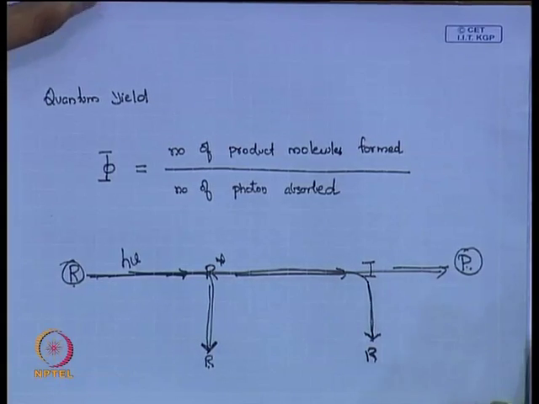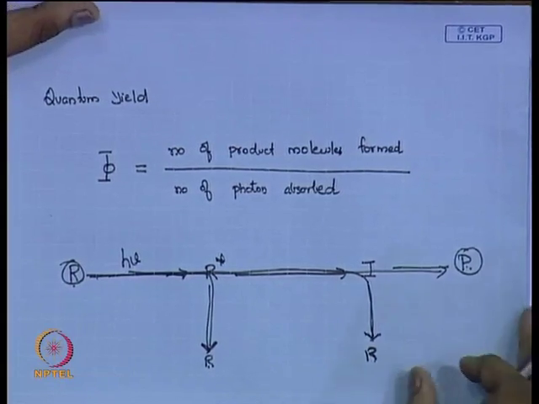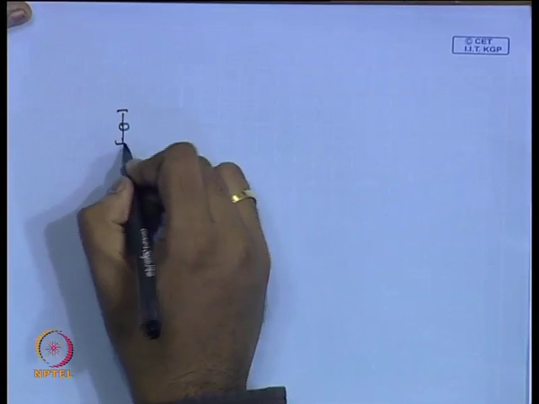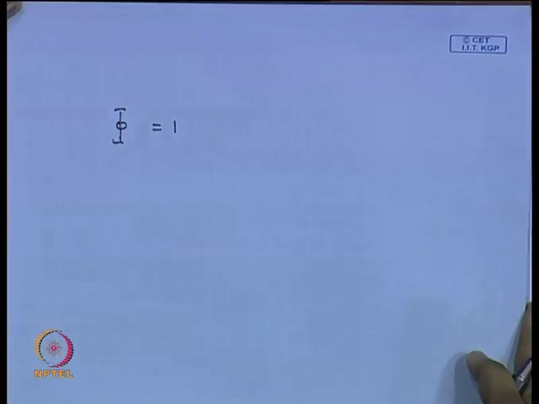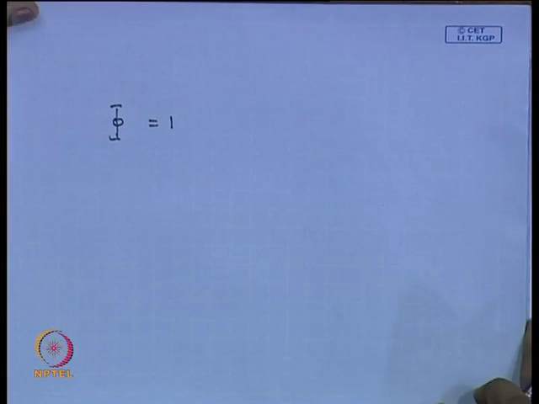That is why, in most photochemistry, getting a quantum yield equal to 1 will be really hard, because all the time when the molecule goes from R to the excited state, it has a competition: it can do its photophysical path or it can do photochemistry.